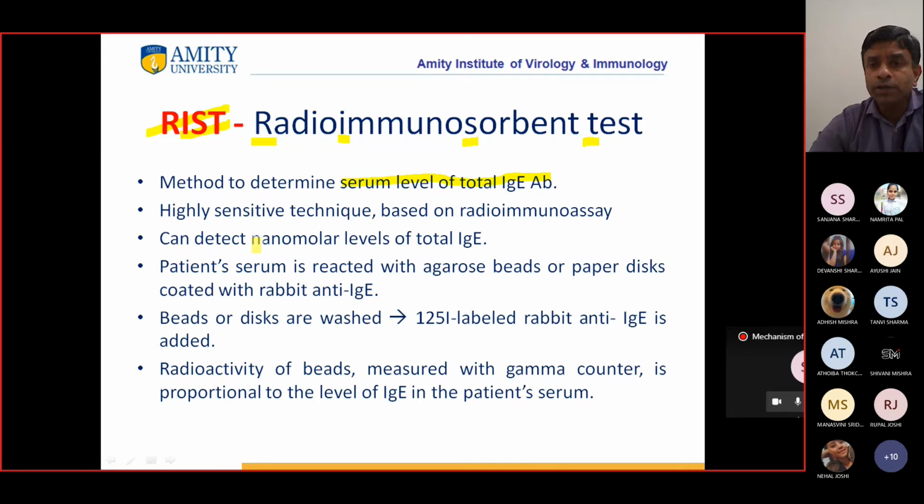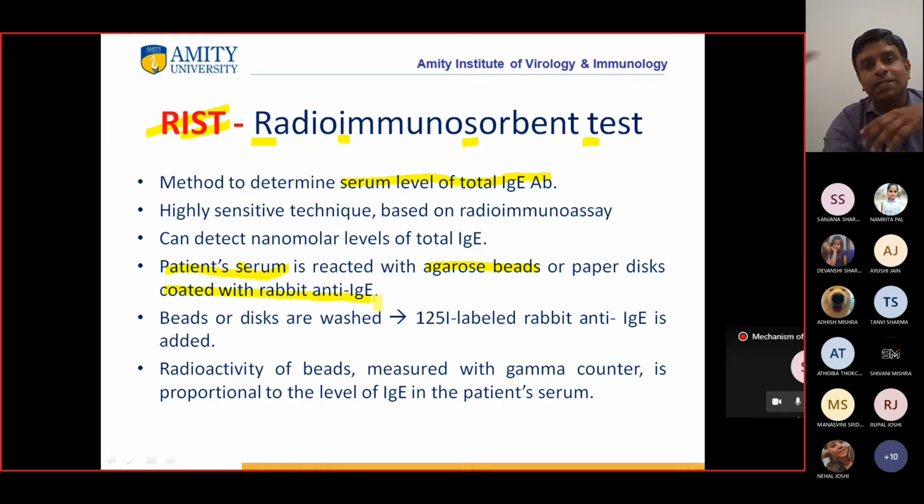Okay, now इसमें हम करते क्या हैं? So patient serum is reacted. So पहले तो patient का serum लेते हैं. Okay, it is reacted with agarose bead, okay, which is coated with anti-IgE, right? So we are taking an agarose bead and we are putting anti-IgE on it.